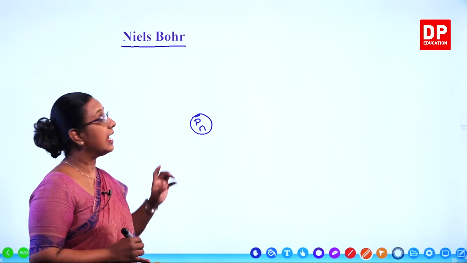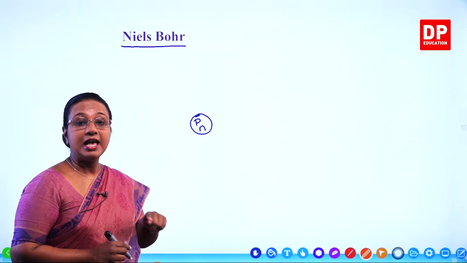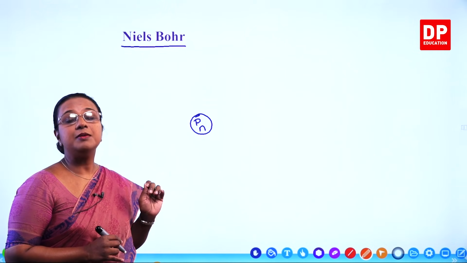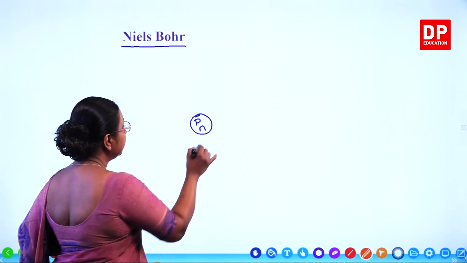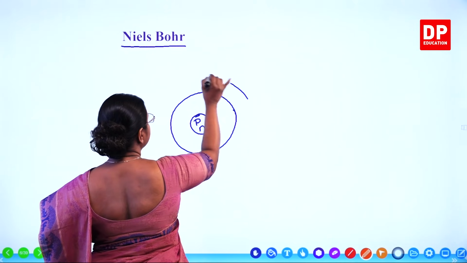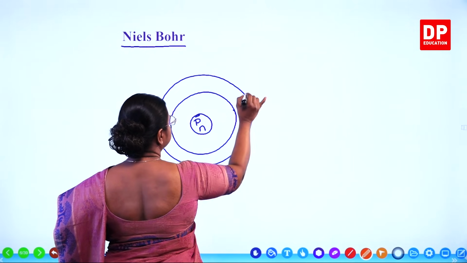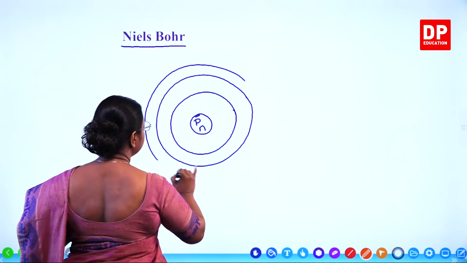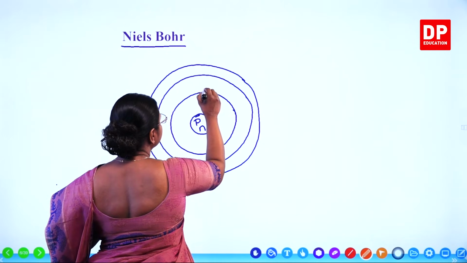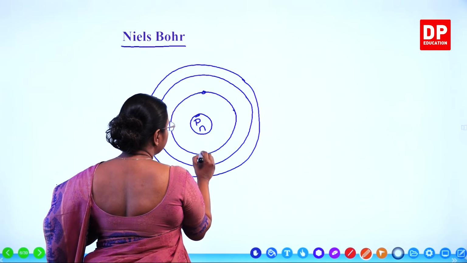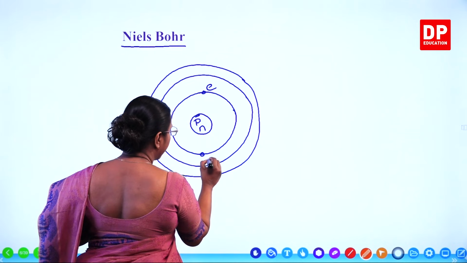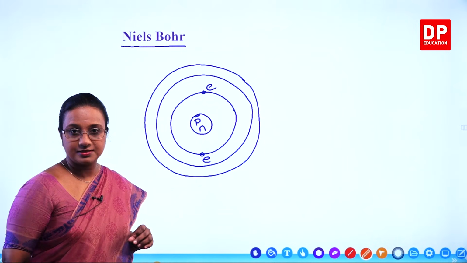And around that, Niels Bohr said electrons revolve in definite paths, and these paths were circular in shape. Like this, there are definite paths, and the electrons are contained in these paths and they move around in circles.